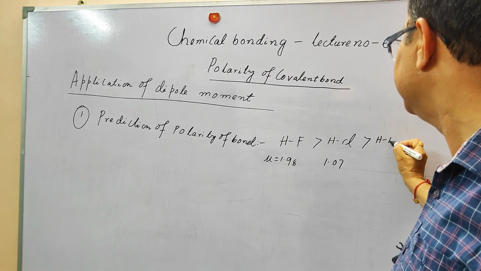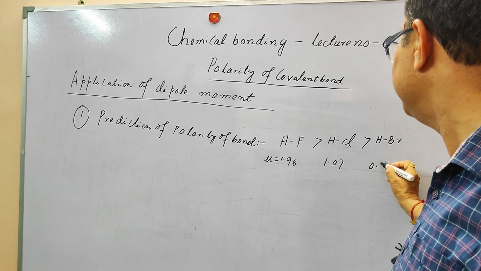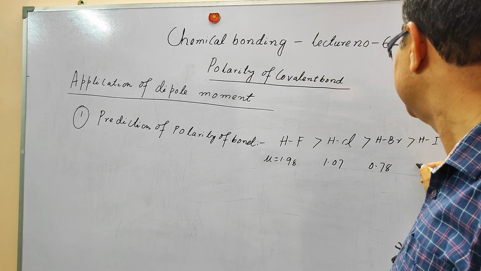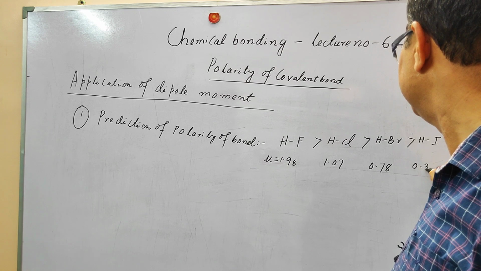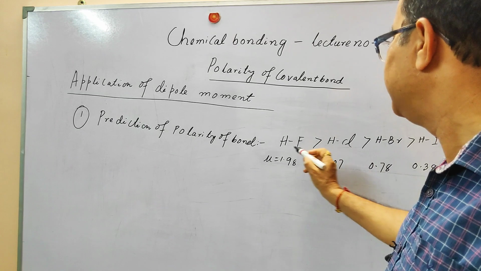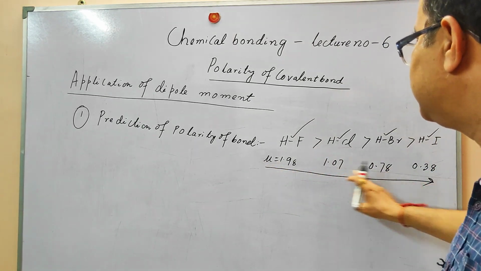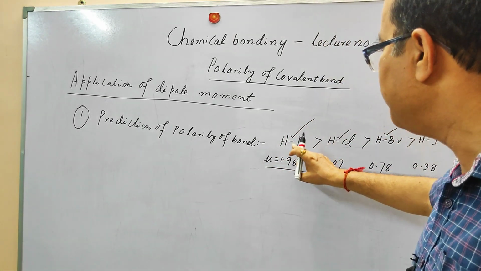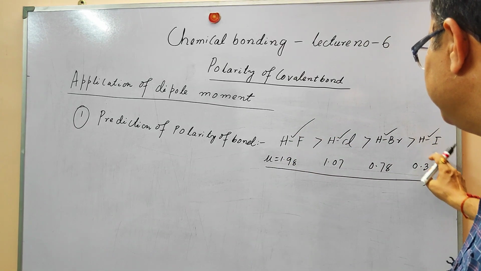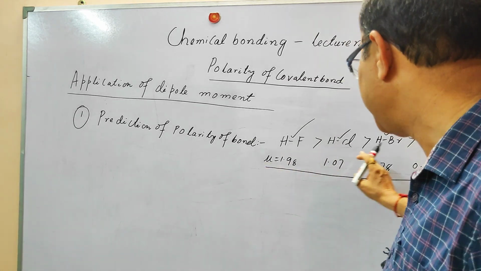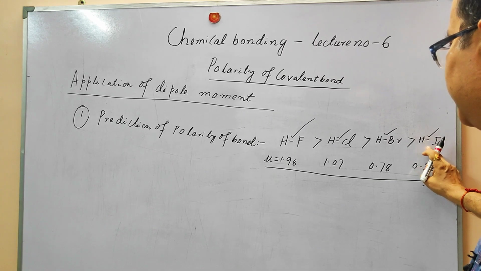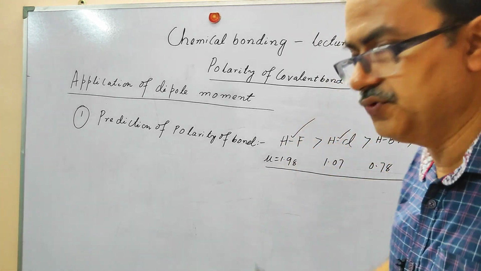Hydrogen bromide has a dipole moment of 0.78, and hydrogen iodide has a dipole moment of 0.38. So you can see the dipole moment is decreasing: the highest is HF and the lowest is HI, and because of this, the bond polarity is lowest in hydrogen iodide as compared to hydrofluoric acid.